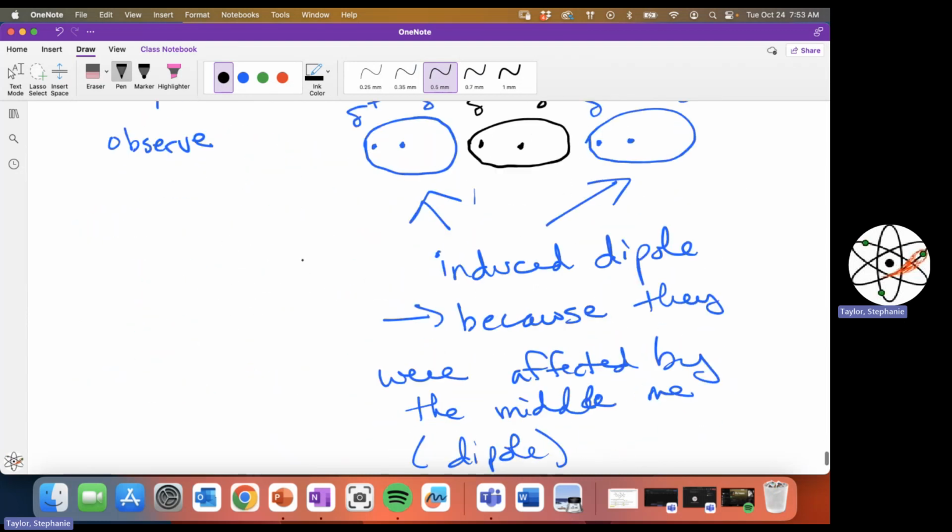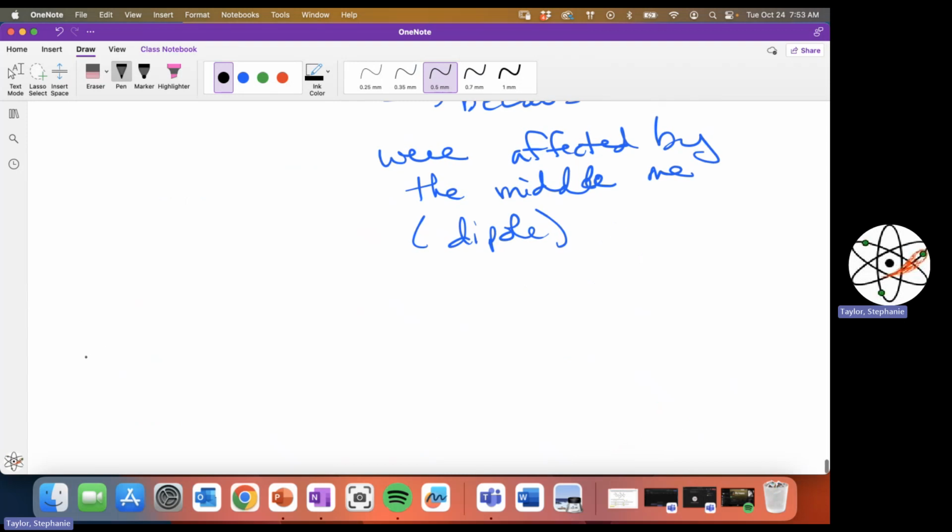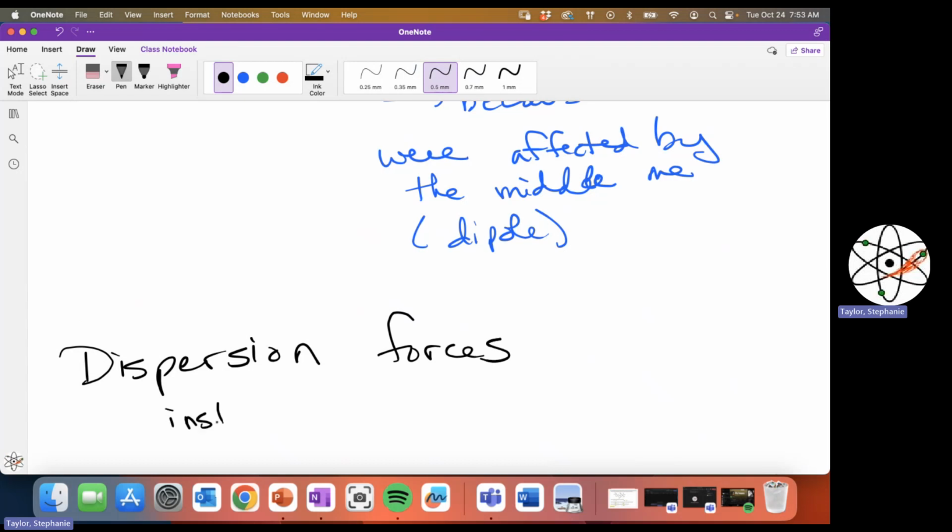Next up was to talk about dispersion forces. The thing is that the instantaneous and induced dipoles we just described are what typically cause dispersion forces. So when we talk about dispersion forces, they're caused by instantaneous dipoles and induced dipoles.